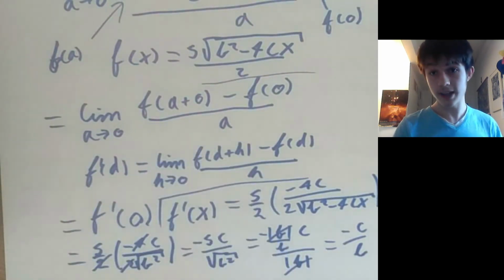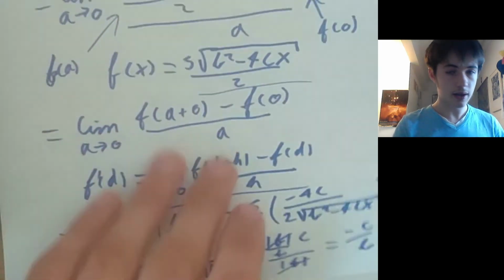So that's really nice, and it's nice in different ways. So first of all, it's nice because we use the definition of a derivative the other way around.